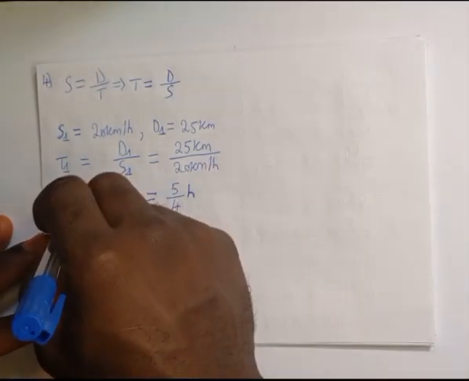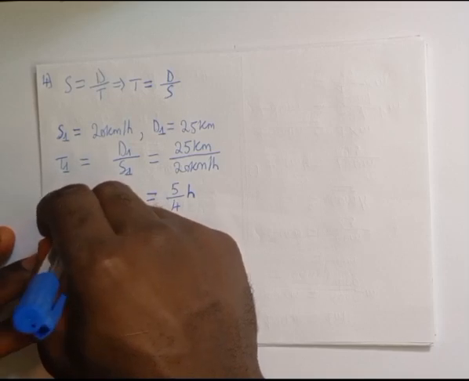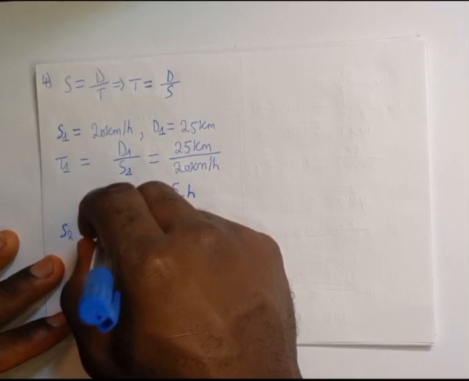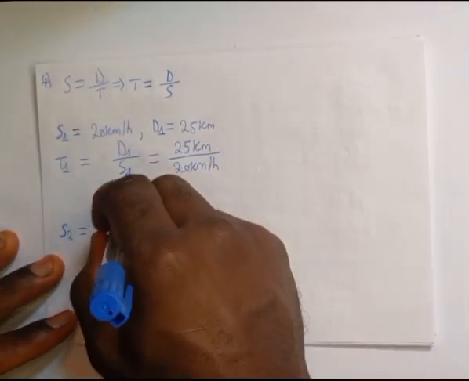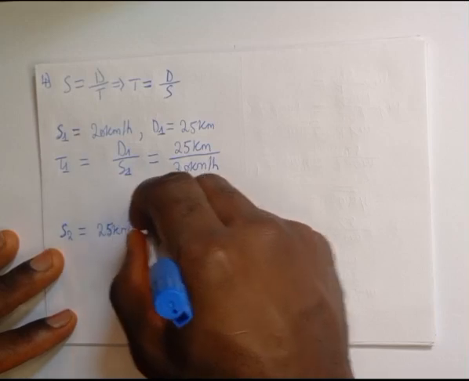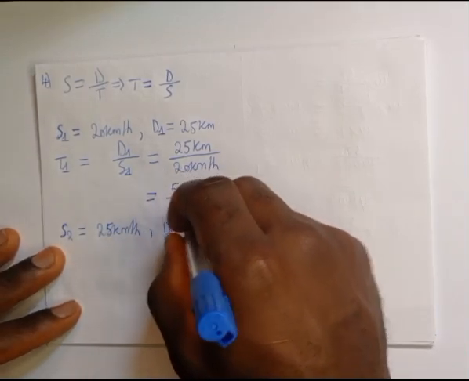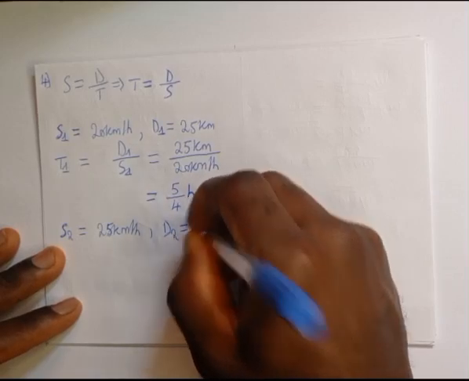In the second phase, the cyclist had a speed of S2, which is equal to 25 kilometers per hour, and the cyclist covered a distance D2 of 80 kilometers.